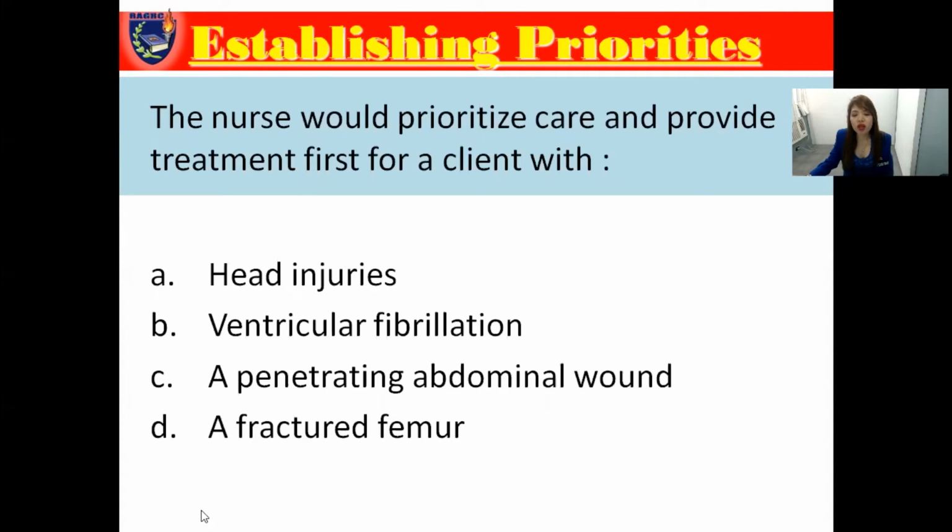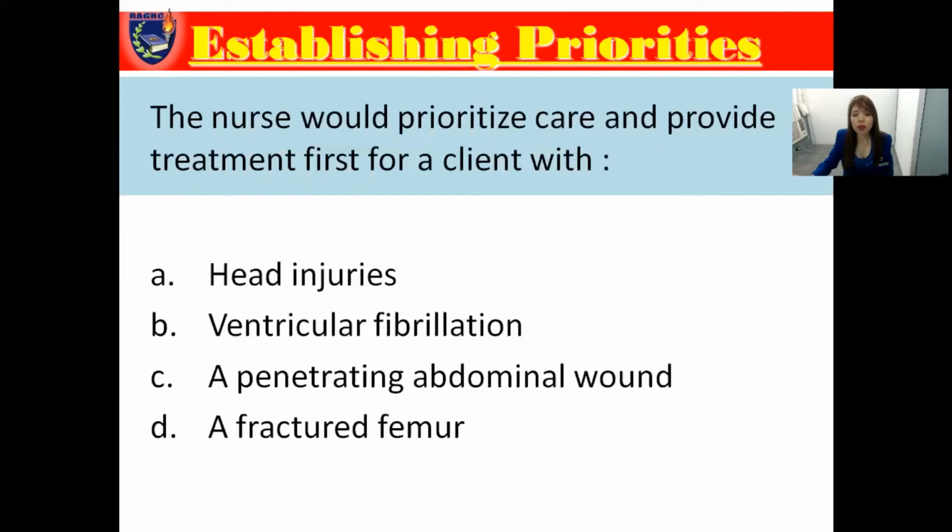Well, we know that ventricular fibrillation is the most life-threatening cardiac arrhythmia. Letter C, a penetrating abdominal wound, which can lead to a hemorrhage. Letter D, a fractured femur, but it's not saying if it is an open or a closed fracture.